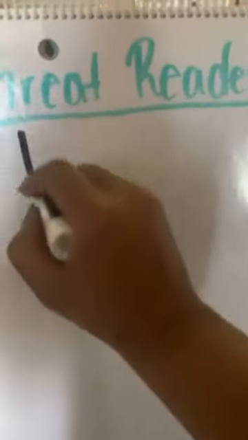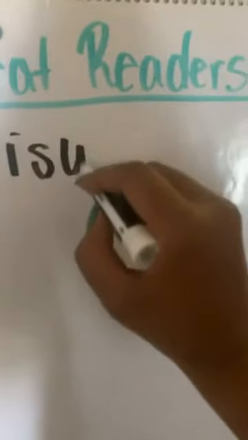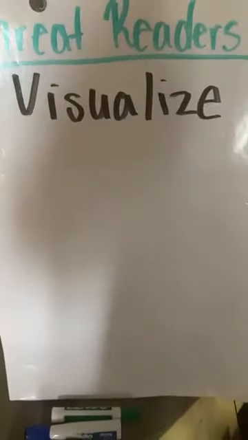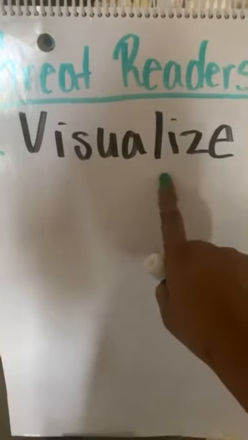When great readers read, they visualize. That means to create a picture in your mind. This is as you're watching TV. You can see. The base word in visualize is visual. It means you can see what's going on.